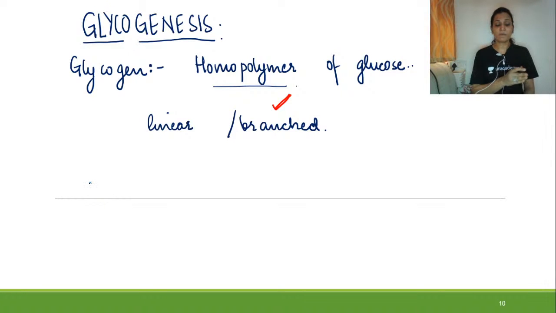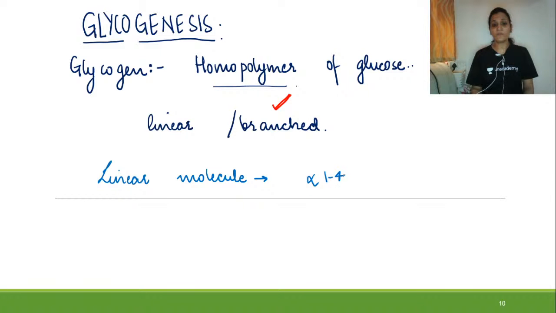When we say it's a branch chain polymer, it is made up of two types of linkages. For the linear molecule, the bonding is in the form of alpha 1,4 glycosidic linkage.